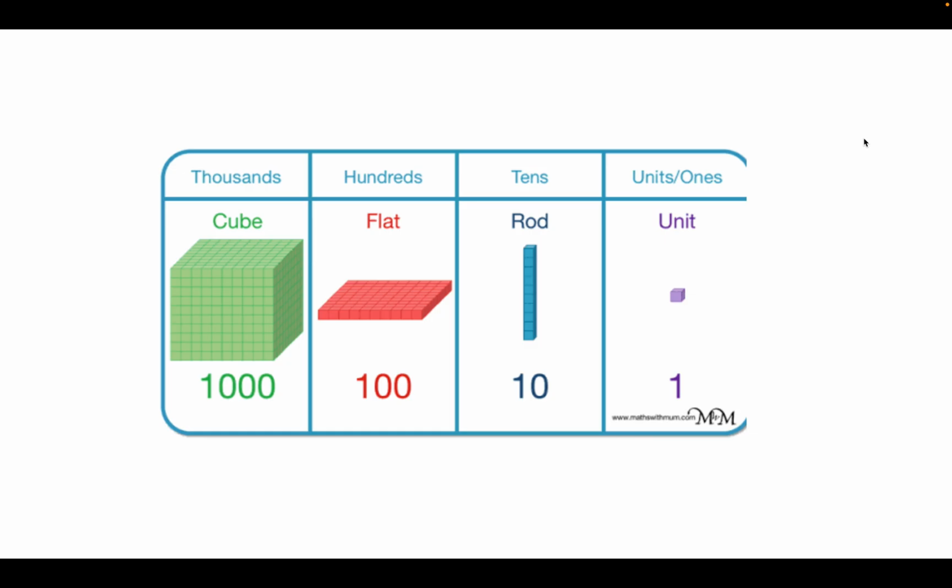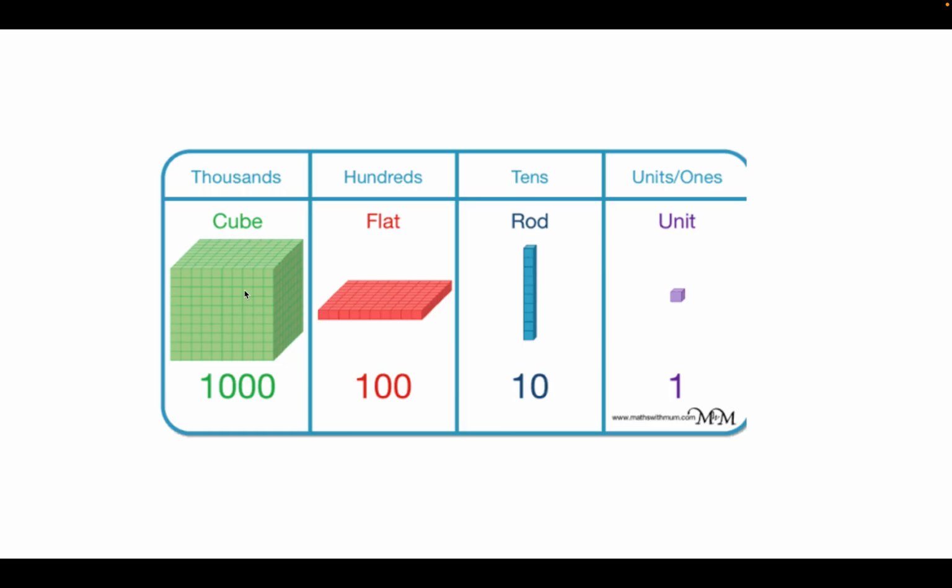These are called place value blocks. Each cube or block like this is equal to 1. So one block would equal 1. A rod of 10 blocks would equal 10. A grid like this, that's called a flat, it's a 10 by 10, which would be 100 blocks. And then we'd have 1,000, which is a big cube of all those small cubes, a 10 by 10 by 10 cube.